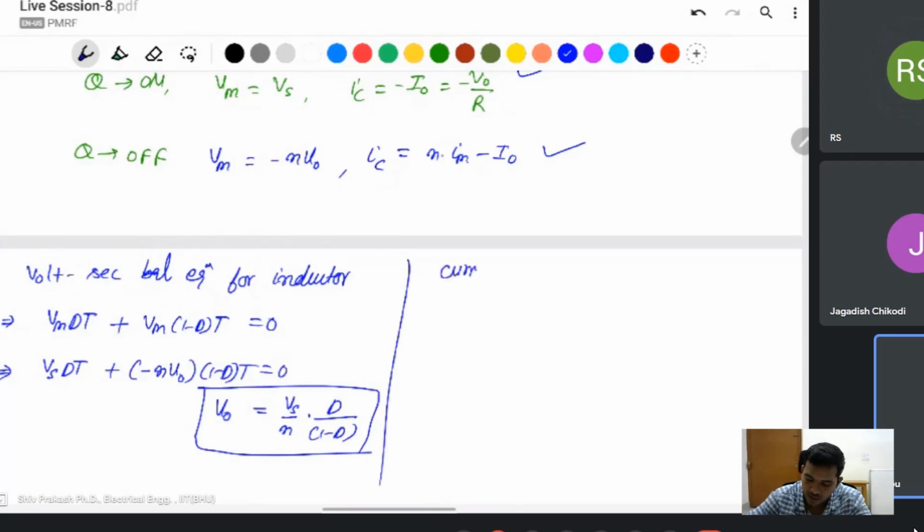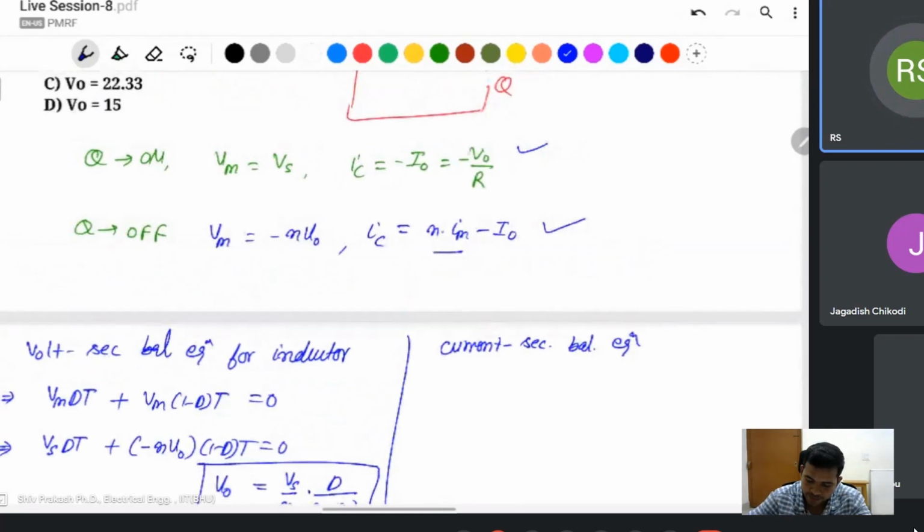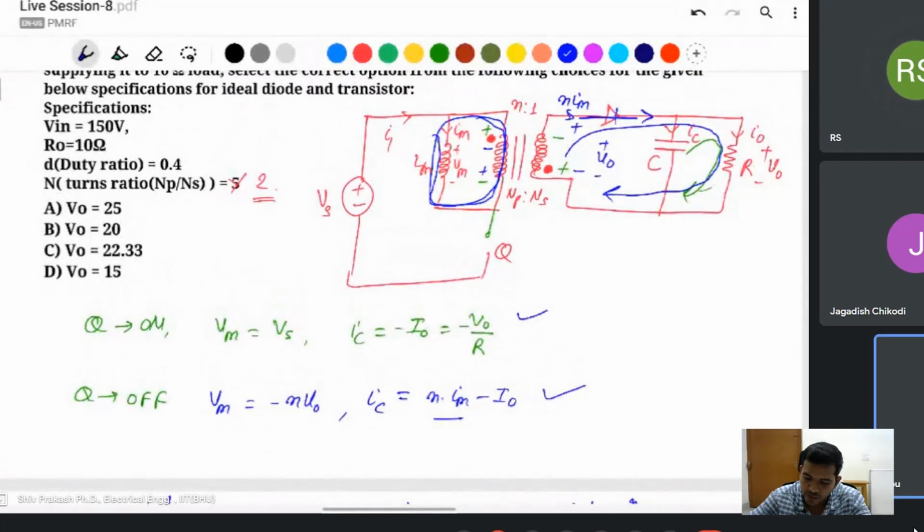Sir, while writing the above equation, this IC equals n Im. Sir, the n we have chosen is NP by NS. In a transformer, you know about the current and voltage transferring from primary to secondary. If you transfer the voltage, then take the higher side: if this one is V1 and this one is V2, then to transfer V1 to V2, take NS by NP into V1 is equal to V2.